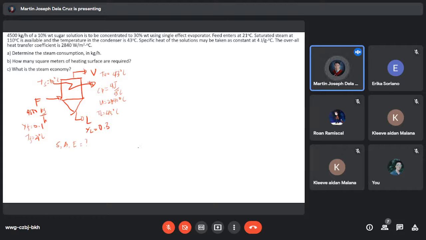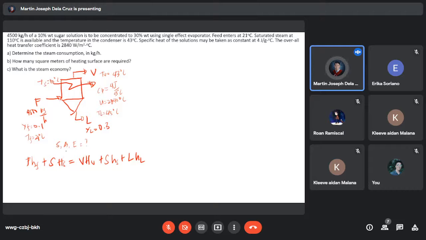So, in here class, of course, ang gagawin muna natin is, ano kaya ang pwedeng formula ni steam? So, kanina class, we have FHF plus SHS is equal to VHV plus SHS plus LHL. Right?